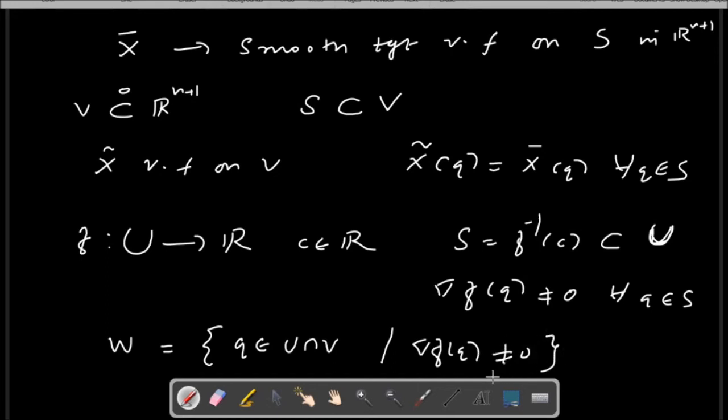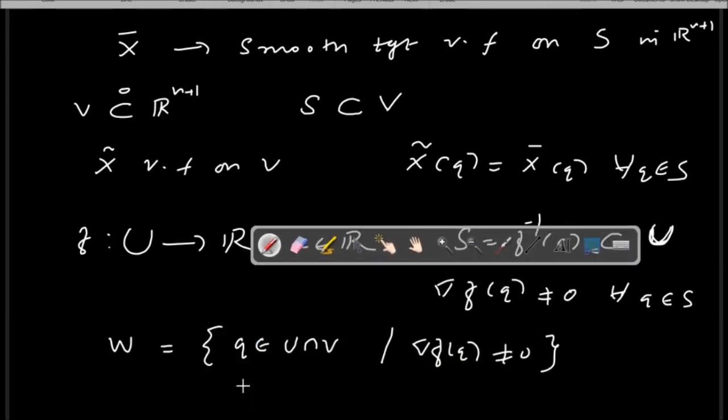Why have I taken del f of q not equal to 0? Then only you can have all these points that come on this S. Correct? So from this S, whatever points come, they will come in this U intersection V. So this implies that S is a part of W.